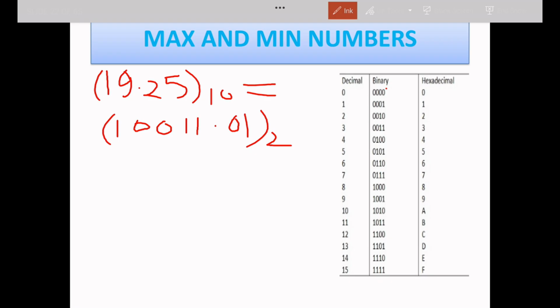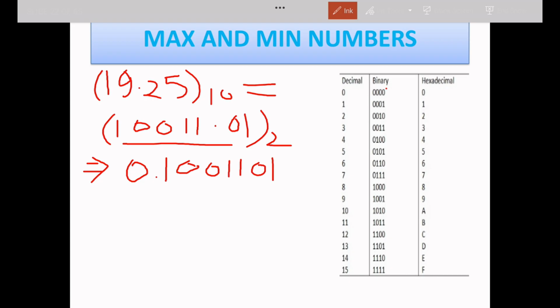Now I will write the minimum either explicit or implicit representation. Let's discuss the explicit. So what is the meaning of explicit? After 0 I will place the radix point and I will place all the bits. So my bits are 1 0 0 0 1 0 0 1 1 0 1.